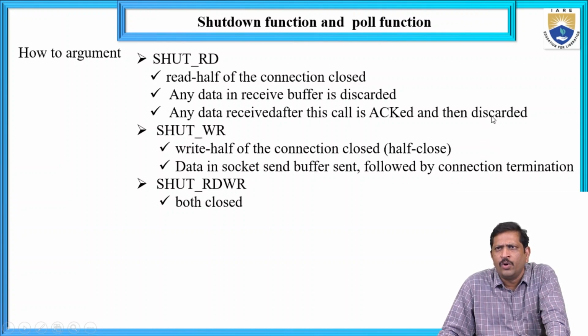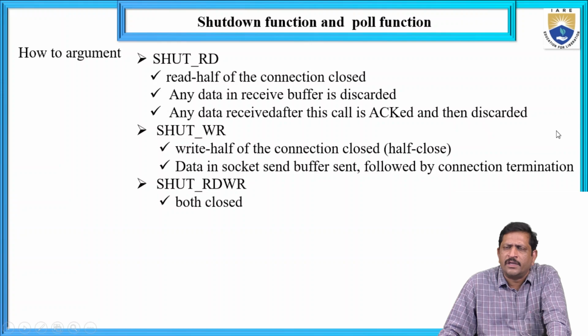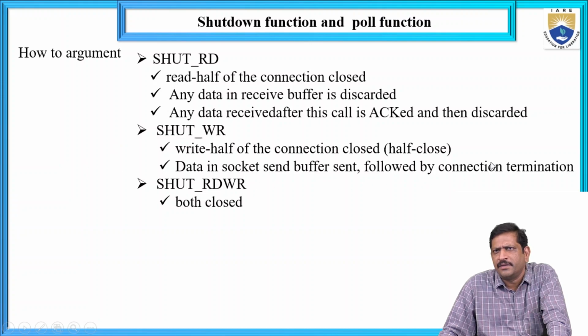Half close means now we can close the connection at the primary device side, or at the secondary device side, or any one side. Now we are closing the connection. This is the meaning of half of the connection closed.